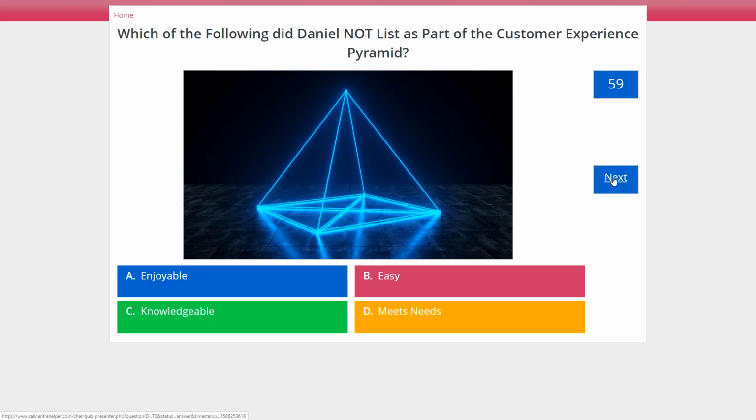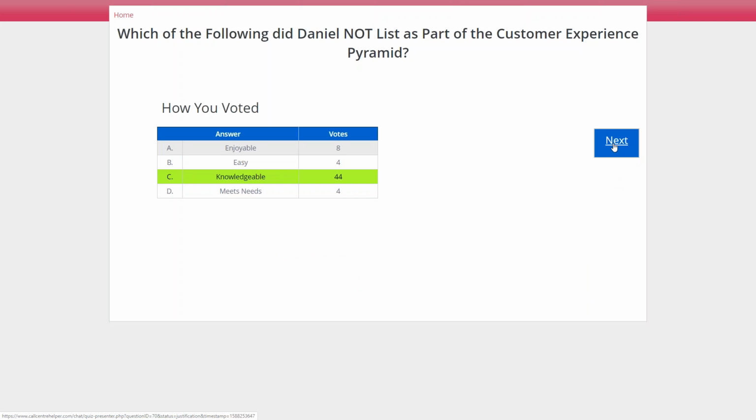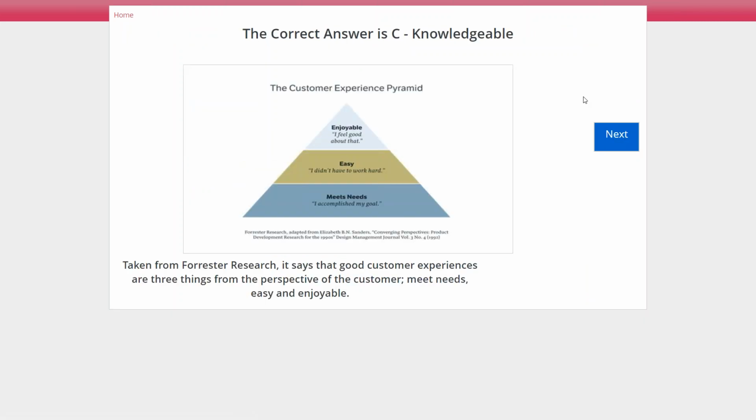Most people, 44, got it. The correct answer was knowledgeable. It was taken from Forrester research. It says that good customer experiences are 3 things from the perspective of the customer: meets needs, easy, and enjoyable.